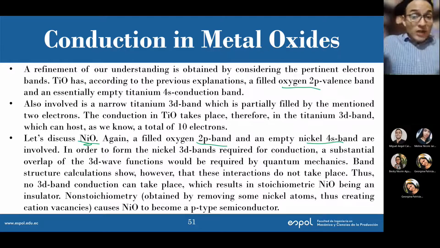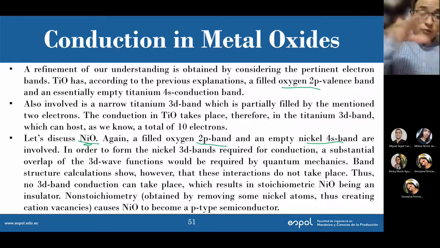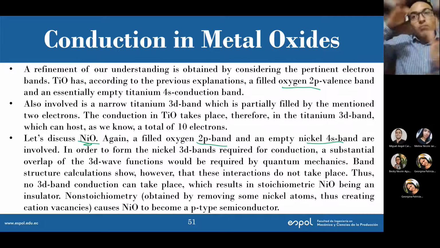If I use the wave function to calculate that, remember first module, I will actually start seeing that there is no interaction between those electrons, because more than half of the band is occupied, as I said, I have more than 5.